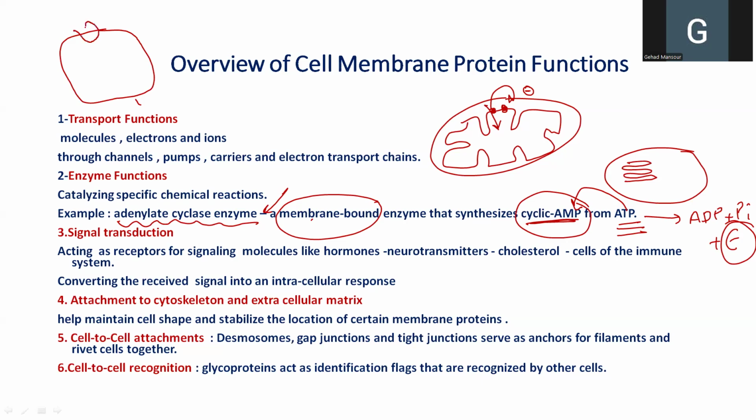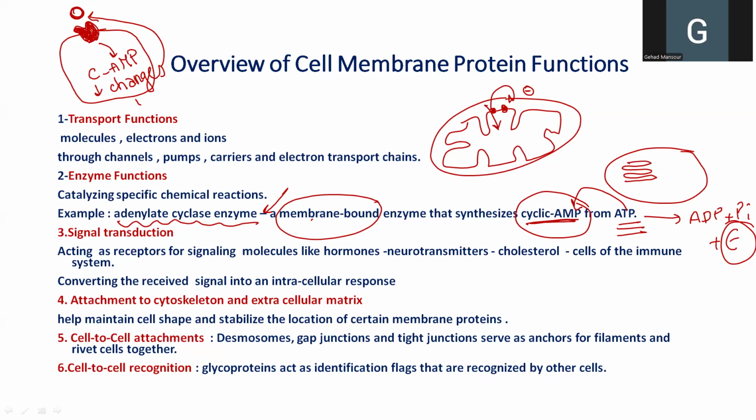If you have a molecule that cannot enter the cell membrane because it is, for example, hydrophilic, charged, and so on, and that signaling molecule attaches here to a receptor, this will stimulate the formation of cyclic AMP, and cyclic AMP will do all the chemical changes that this original messenger or signaling molecule wants to do. And we will be studying this in detail.